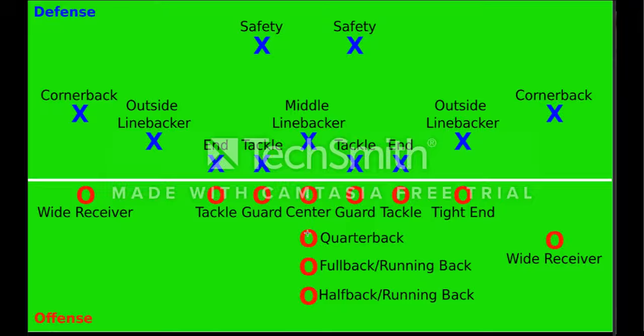Behind the center we have the quarterback, the most important player of the game. Behind the quarterback we have two players. They are known as fullback or running back, and behind the fullback is the halfback. Next to the center there are guards standing on the other sides of the center. Next to the guards are the tackles.